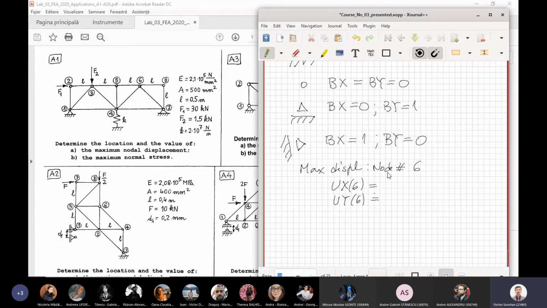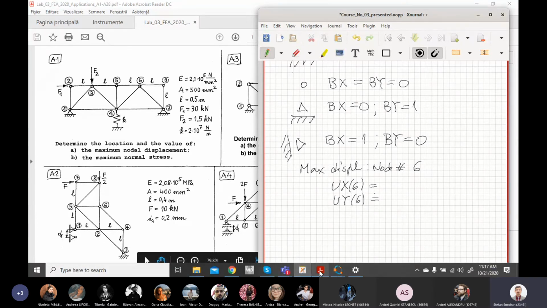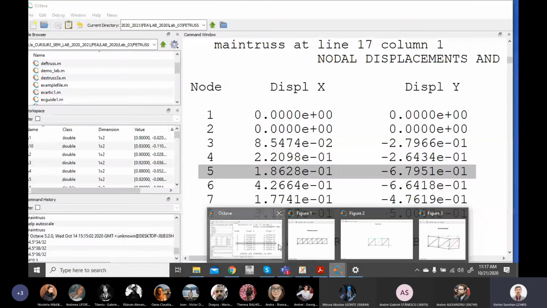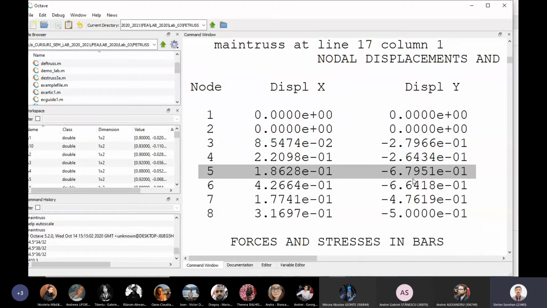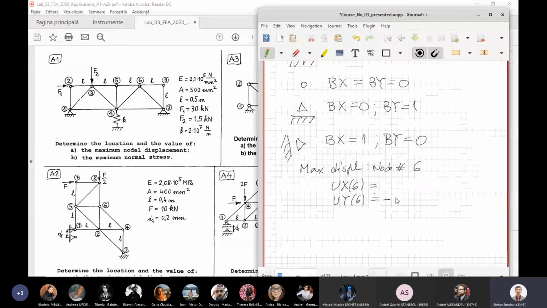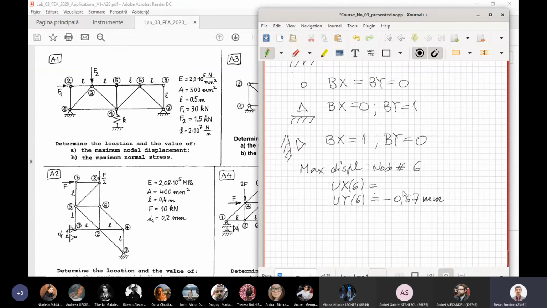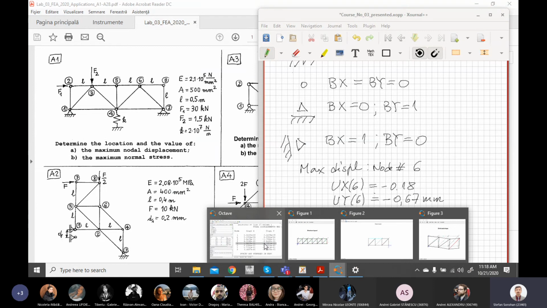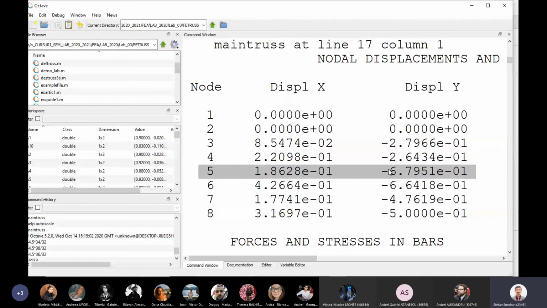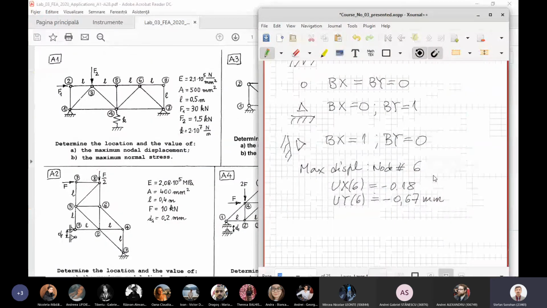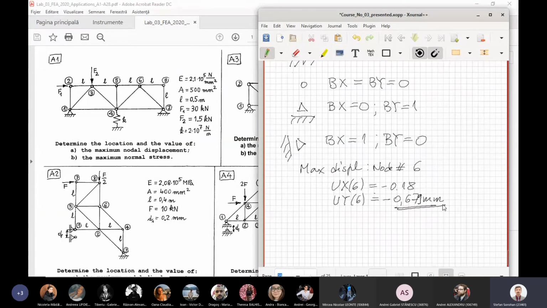So the value was minus 6.79, then minus 1, minus 11. And this is minus point, not 11, let's check again. Yeah, that's correct. If you want, you can keep more than 2 digits, for this is 7, 9, for example. But this is the largest one.